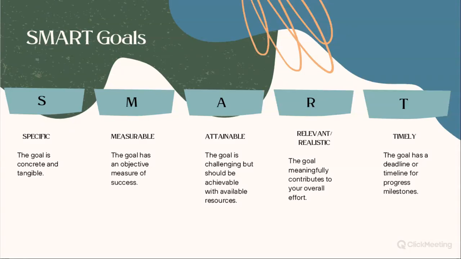The goal also needs to be attainable. It should be a little challenging, but achievable with available resources. So looking back at that previous slide, it's important to see what you have available to you. The exercise goal, for instance, maybe you can't make it to a gym or a fitness center. So what do you have at home?